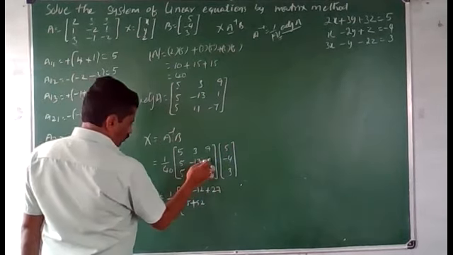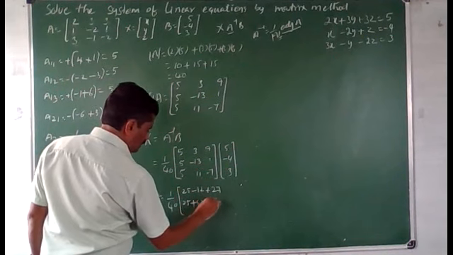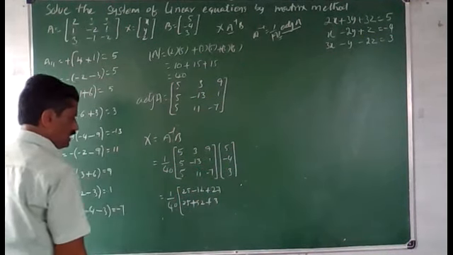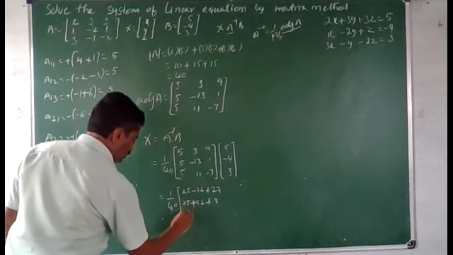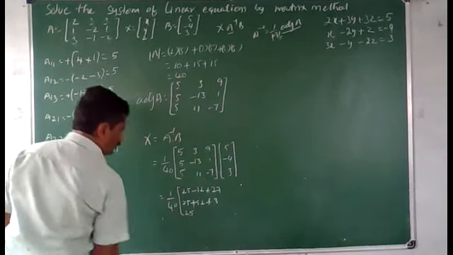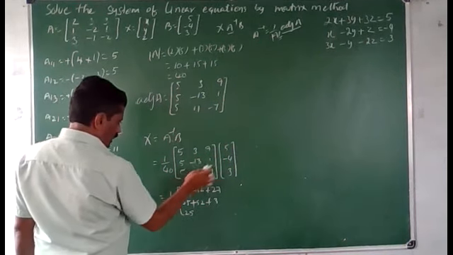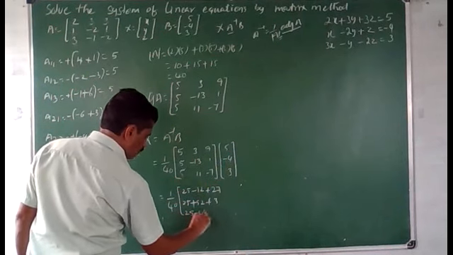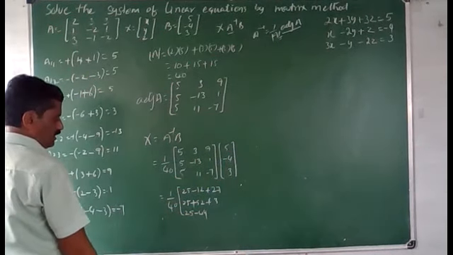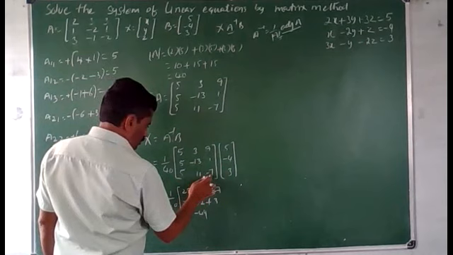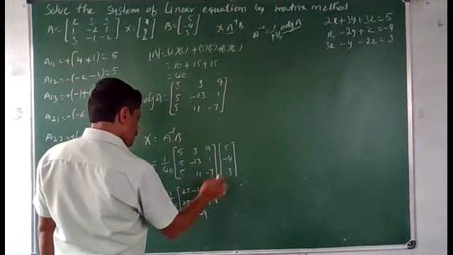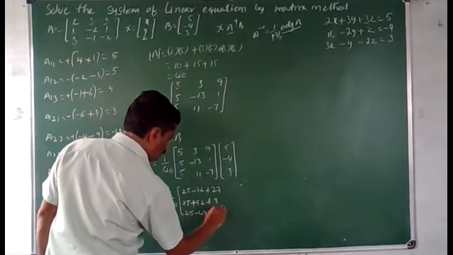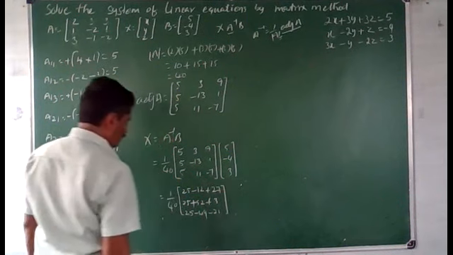Again 1 into 3, plus 3. Again we have 5 into 5, 25. Again 11 into minus 4, that is minus 44. Again 7 into 3, that is minus 7 into 3, minus 21.